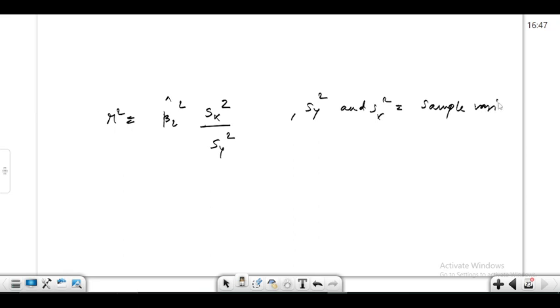Then R square becomes beta 2 hat square times the sample variance of x upon the sample variance of y, where sy square and sx square are the sample variances of y and x.